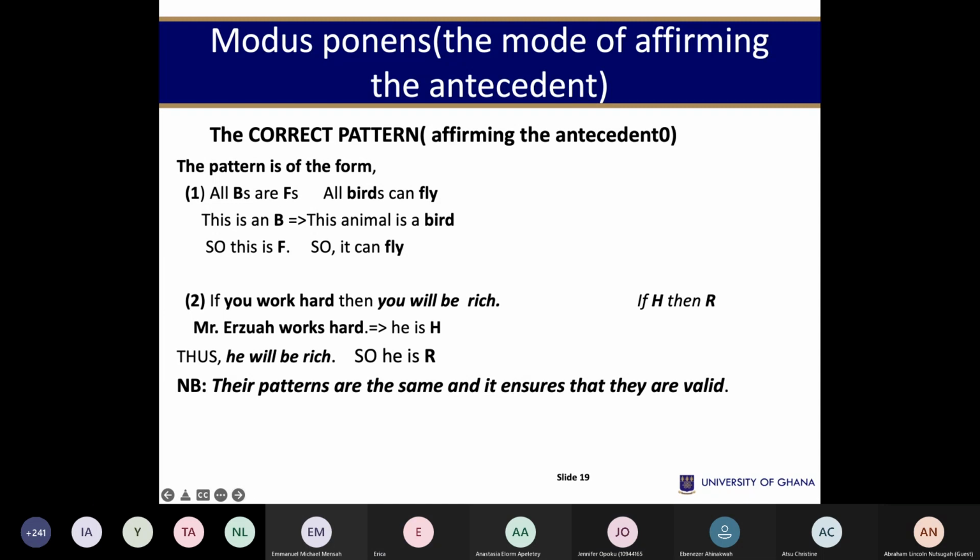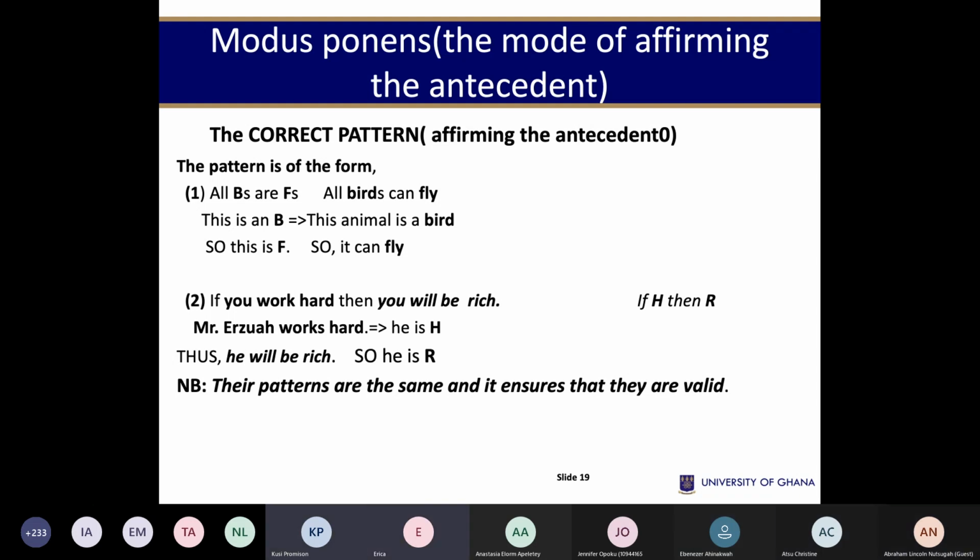Okay. Hello, sir. This is Kusi. I have a question about the antecedent.